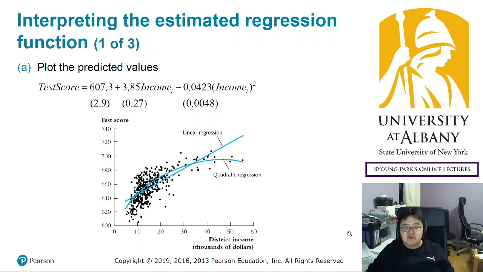You never observe a $100,000 household, but you are predicting using a quadratic function, and by construction of the quadratic function, it will go in the other direction at some point. So you should be very careful.